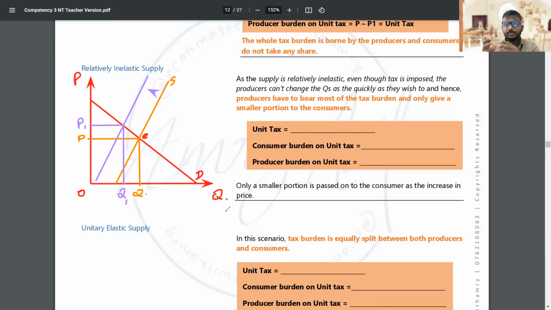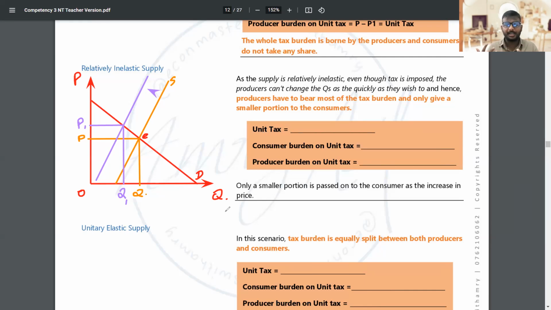Whenever a tax is imposed, out of that total tax, who shares which part? Is it a 50-50 share, or consumer takes more, producer takes less, or the producer takes the whole thing, or the consumer takes the whole thing? That's what tax incidence is.